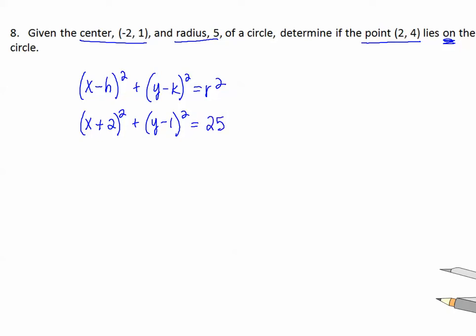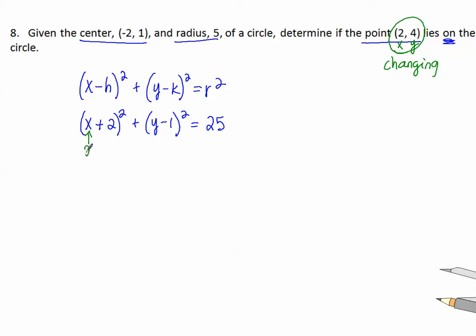So if we're to determine if this point lies on the circle, remember these are the points on the circle, the ones that are changing. So we're going to plug these into our x and y in the equation and see if it works.